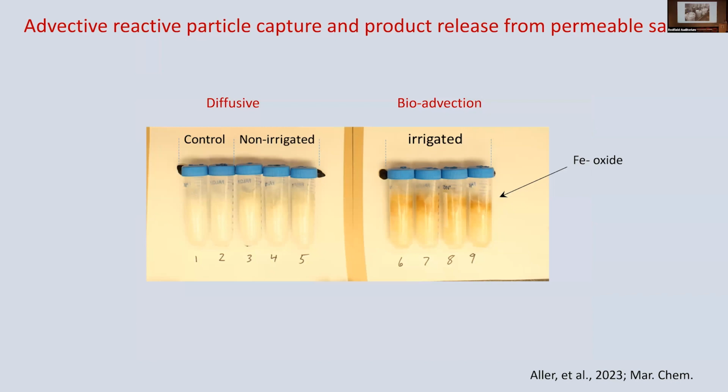And what you can see just qualitatively, which is all I want to say right now, is that when you connect these to sediment that's being irrigated or advected by physical means, there's a lot of iron that gets out of that sediment, and you trap it. You can trap it in this simple system that we've designed and measure it directly. It's extremely difficult to measure this flux and interaction otherwise. But the main point I want to make is sands are understudied.